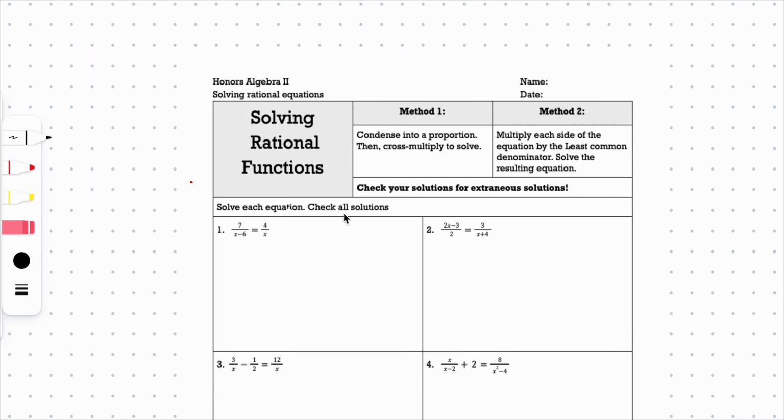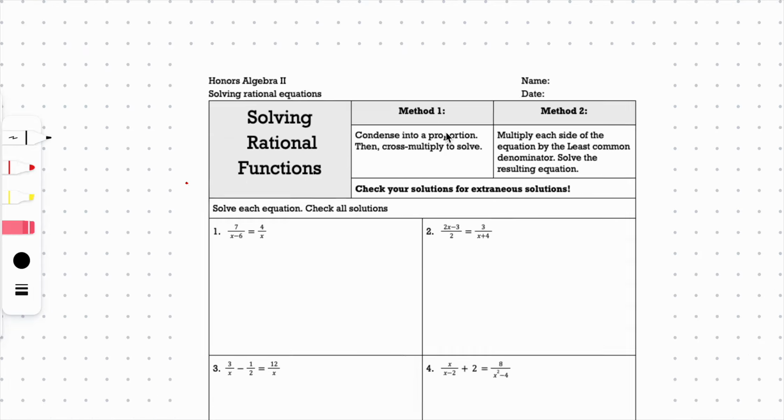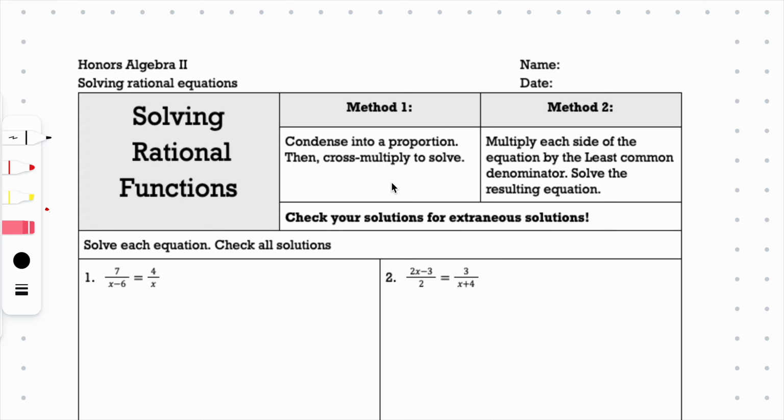Okay, so when we're solving rational functions, we have two main methods. One, we have cross multiplication. So we just condense it into a proportion and then we cross multiply, which I'll show in an example, but hopefully that sounds familiar. Hopefully you covered that in pre-algebra or algebra 1.